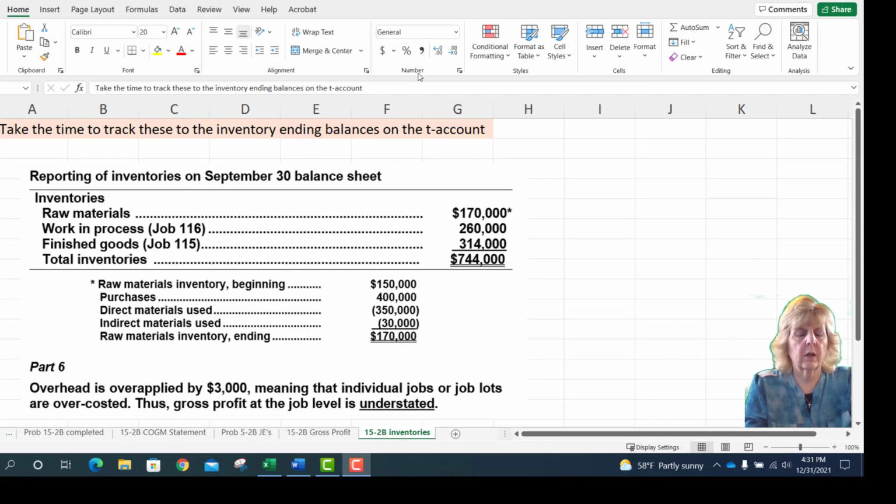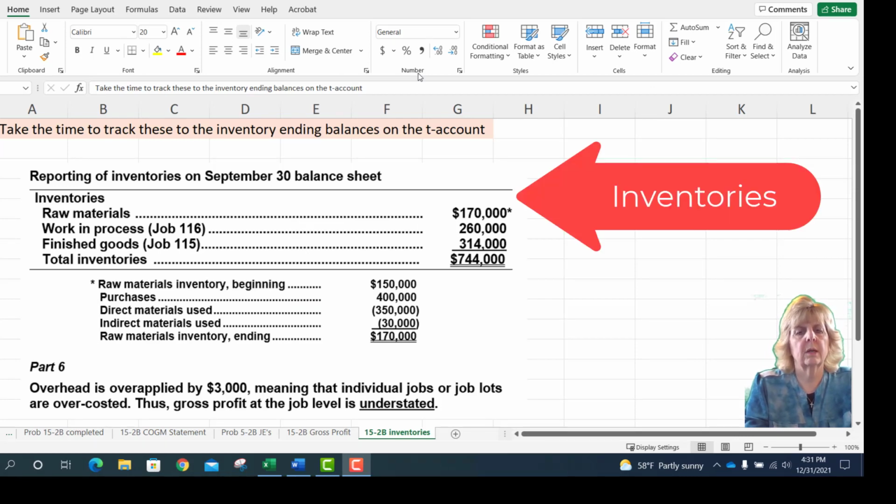The last requirement of the problem asks you the amount of the inventories that would be reported. All of these items can be traced back to the T account worksheet, so I would take a moment to do that now.